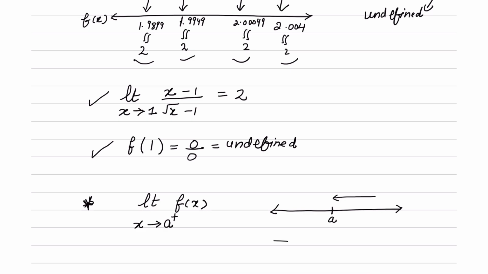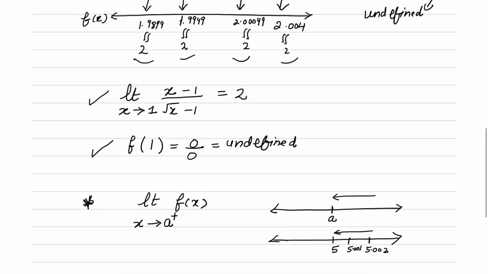Let's say a is 5. So 5 plus means that x is approaching 5 from the right of 5. So you will pick x as some number on the right of 5, maybe 5.002, or some number closer to 5, maybe 5.001. So this is the meaning of a plus.